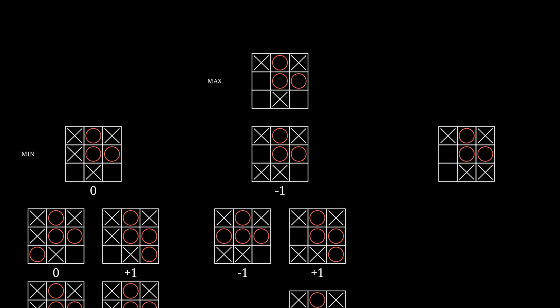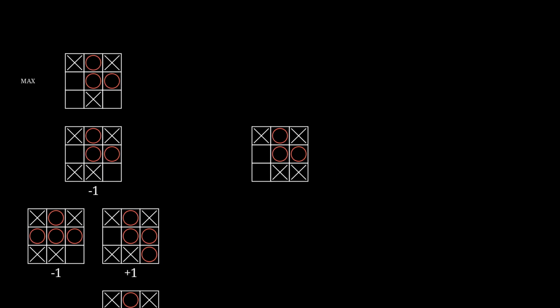We backtrack the score to the state above and compare the 2 possible moves. And let's not forget that at this point the O player makes the decision. That means that we need to minimize the score. Given the choice between +1 and -1, the O player would much rather win than lose. So we pick the left path.